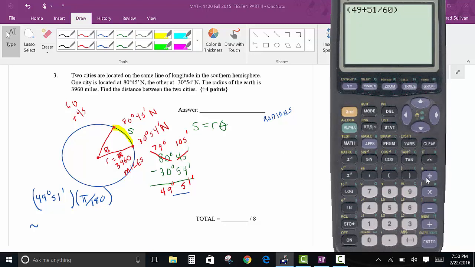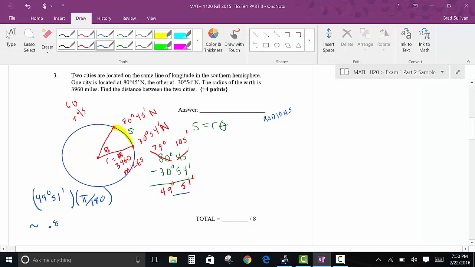Then I'm going to multiply by using the pi key over 180. And then we'll round this off to maybe 2 decimals. So let's use 0.87. So we're going to end up using 0.87 radians for that angle.